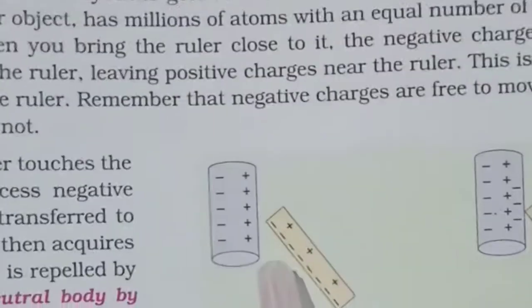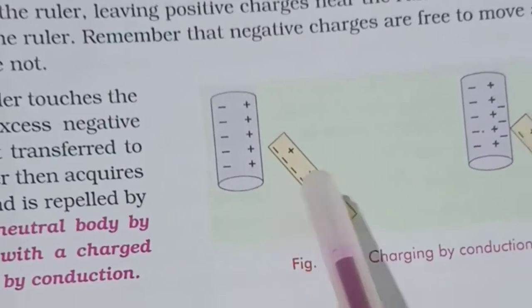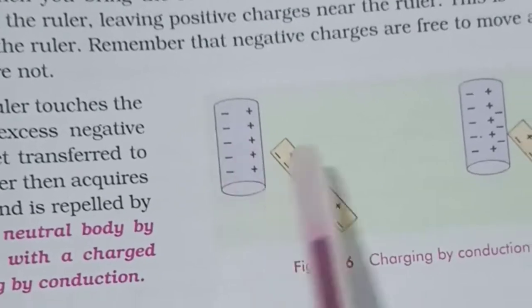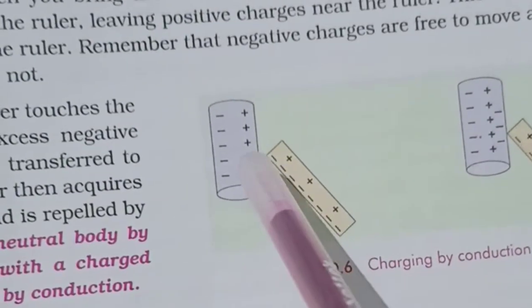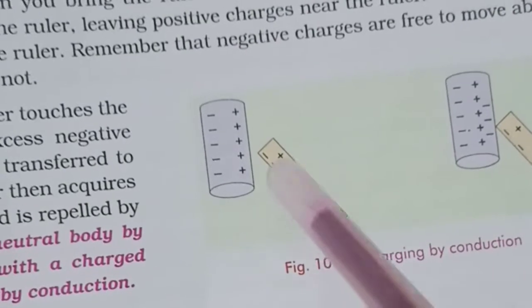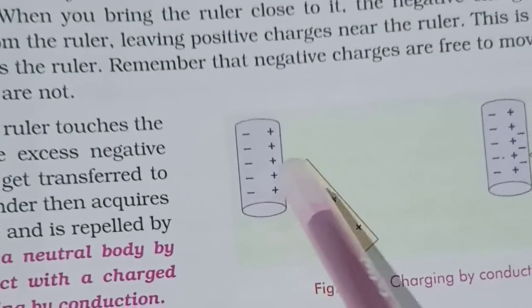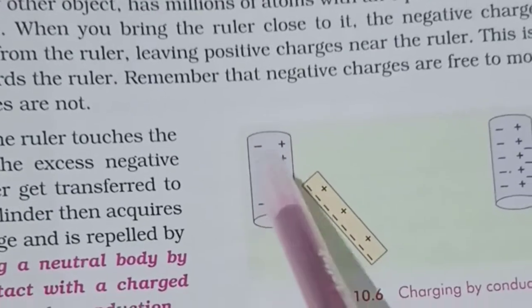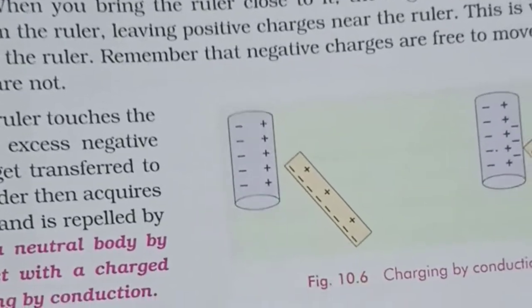Here you can understand what has been told in this paragraph: when this one is brought closer to this, it has not been touched, but it is close to it. What happens? The negative charges were repelled to the other side, because here it is negative charge, and like charges repel one another. So the negative charge of the cylinder was pushed away to the other end of the cylinder.